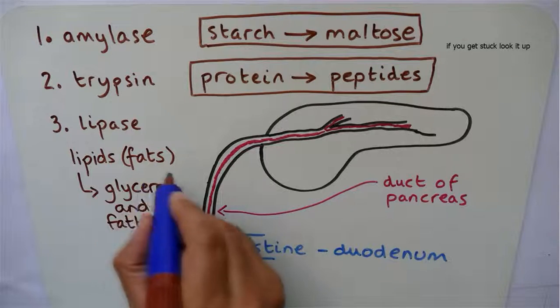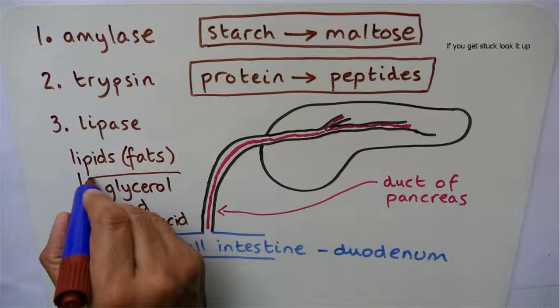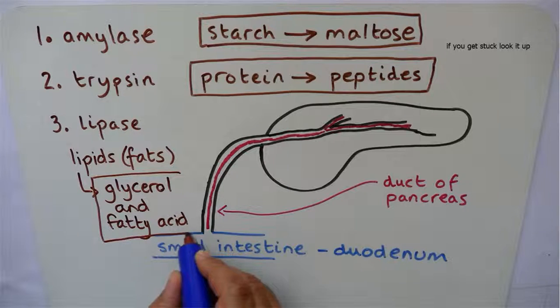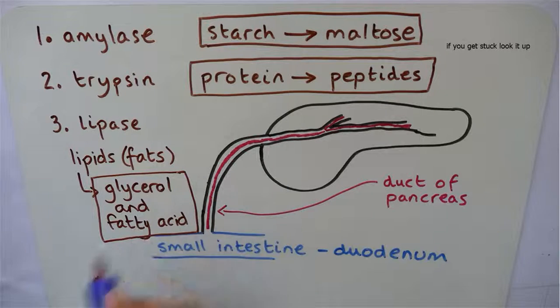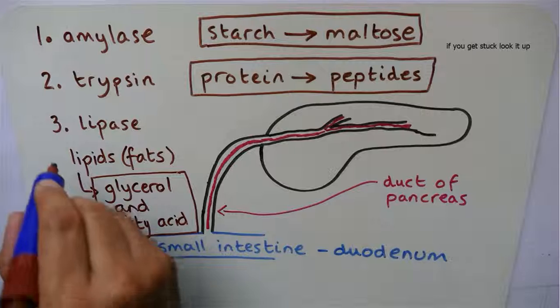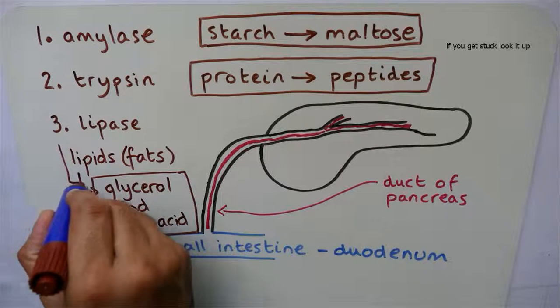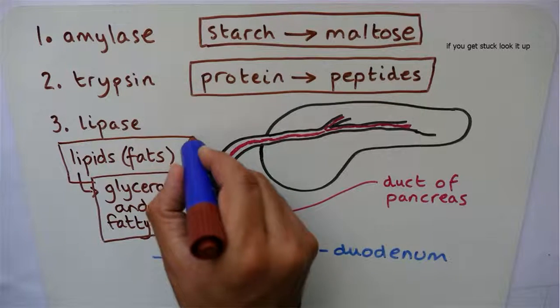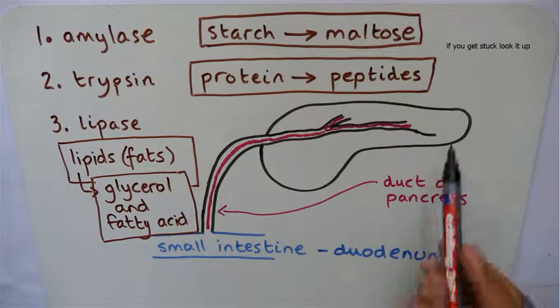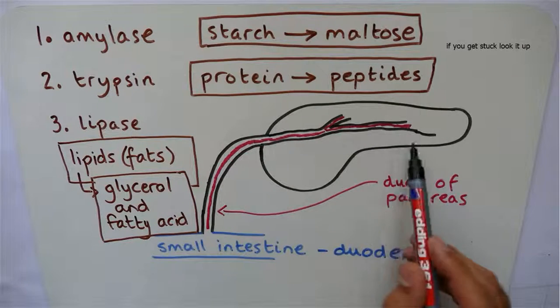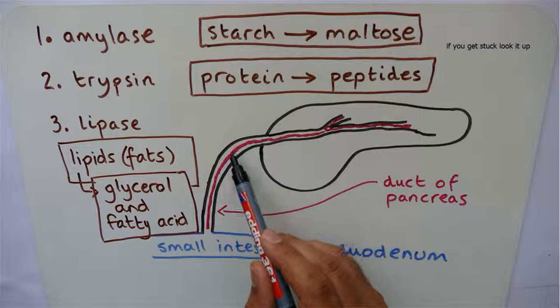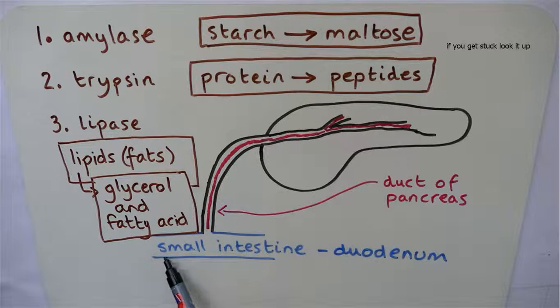So let's get this right. So this is the pancreas. It has a pipe inside it. It goes out down into the small intestine.